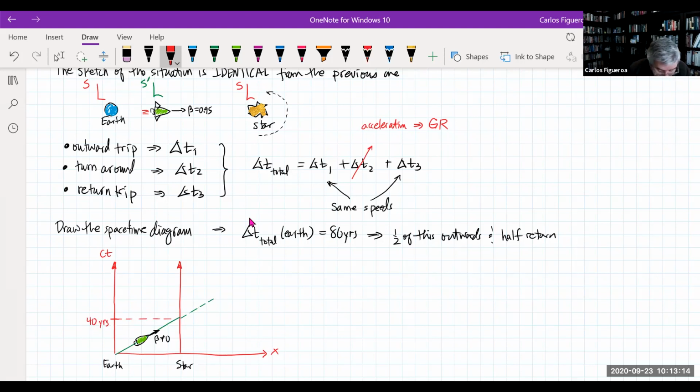So again, what do I know? In this frame here, I have the star frame. In this frame, I have the Earth frame. When I'm looking at these, note that this one's still moving up the time axis, but this star is also right here.